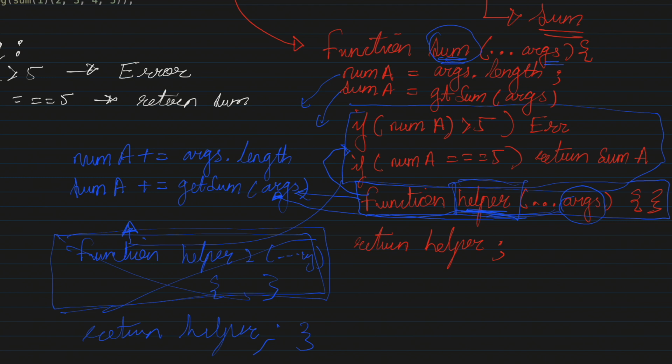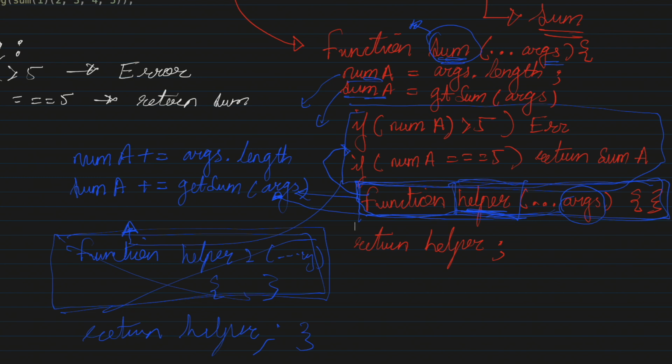The answer is, if we had written this in sum itself, we would not have access to numA and sumA. In order to form the closure, we have written this helper function inside sum. Okay, this much is clear.